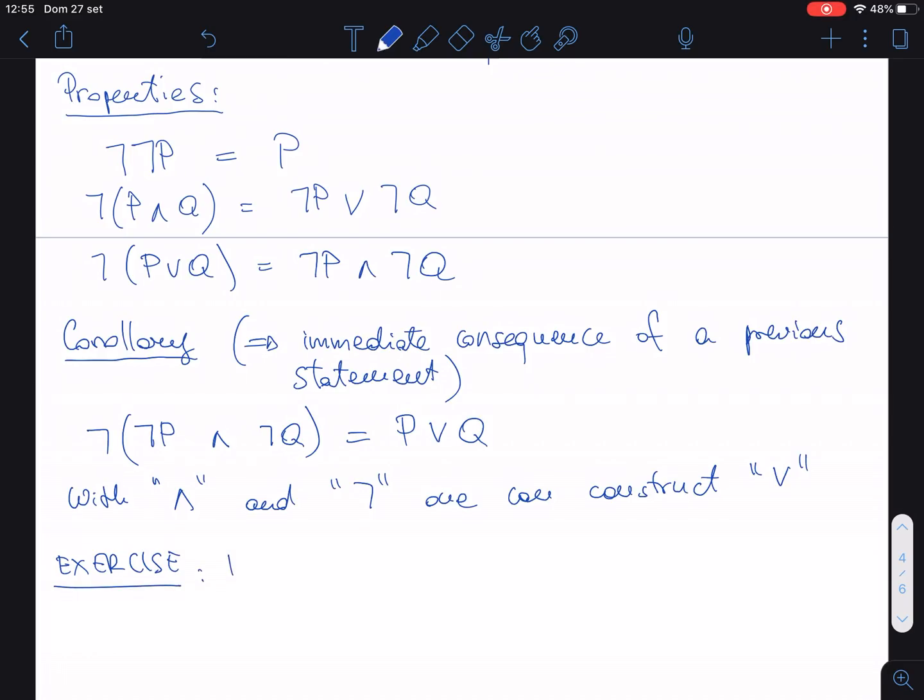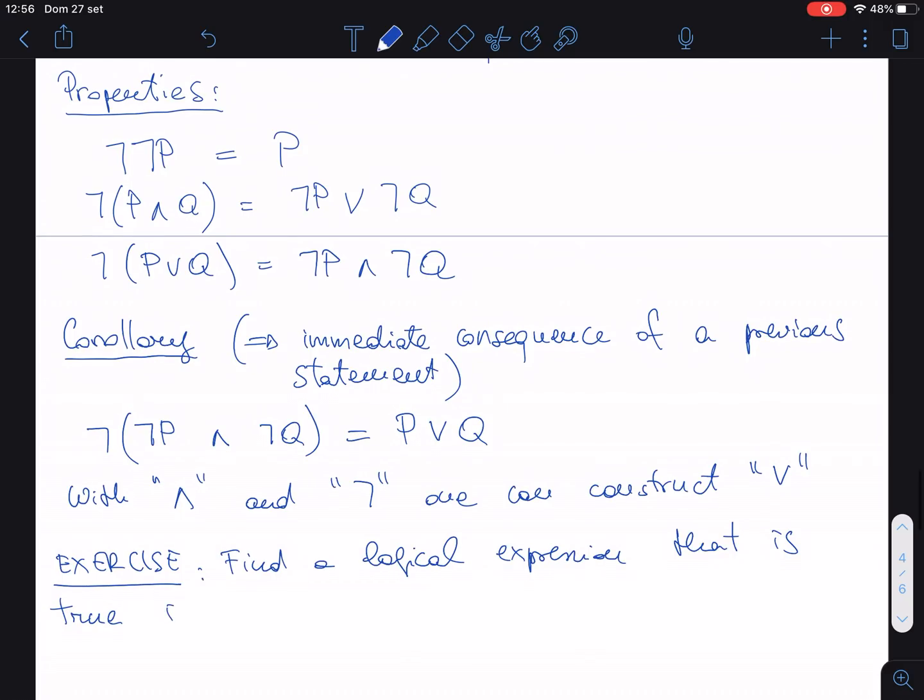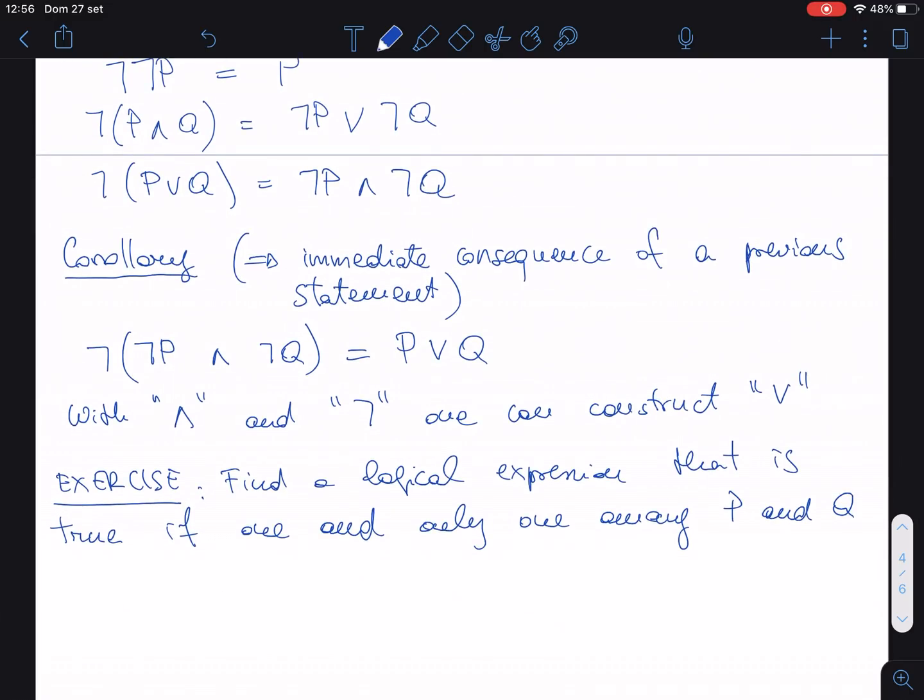Find a logical expression that is true if one and only one among the propositions P and Q, here in the sense of the ordinary language, not logic, is true.